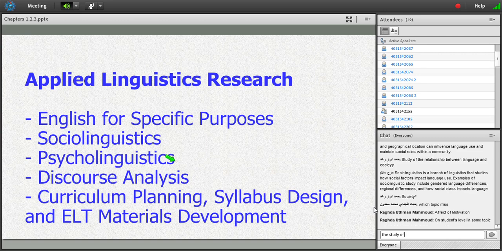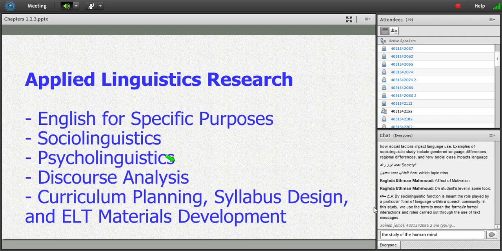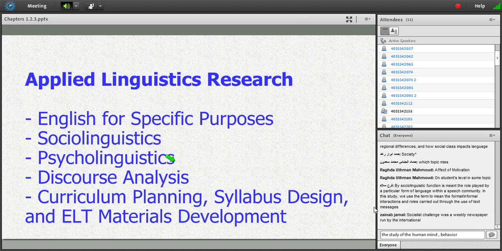Good. What else? For example, when you evaluate the students' anxiety. Yeah, that's right. So we are dealing with psycholinguistics now.